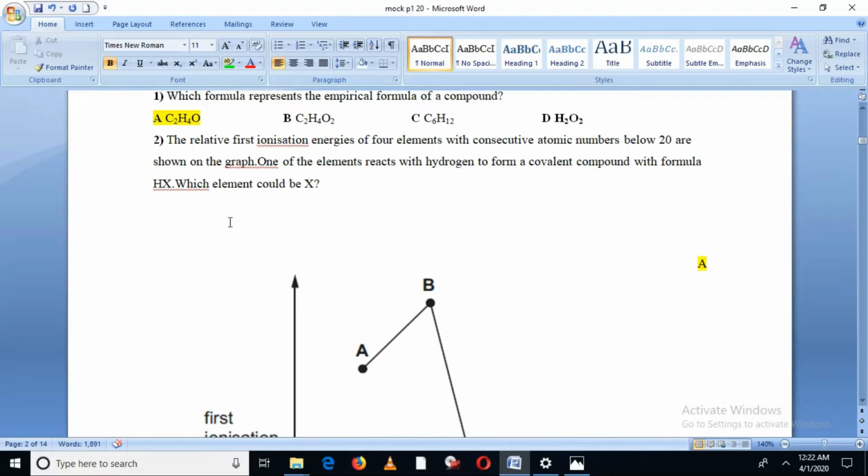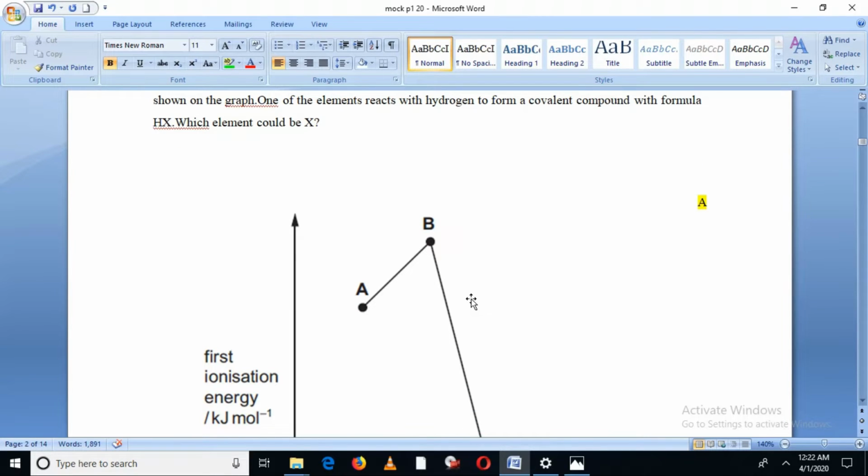that is HX. So in this case, as you can see, the highest ionization energy is of the 8th group elements, which are the noble gases. So before that highest ionization energy element, that is B, the element A belongs to group 7, and group 7 elements are halogens.